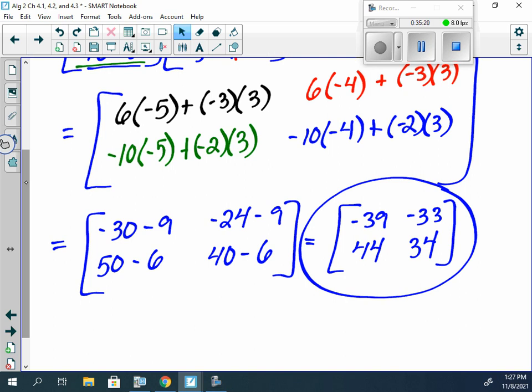So our matrix x times y is equal to the matrix negative 39, negative 33, 44, and 34. Questions on how we did this here? We're good with this here? So it works in all different matrices.